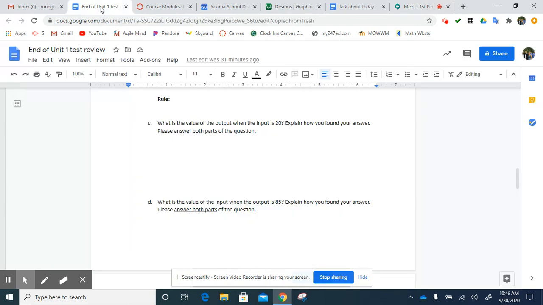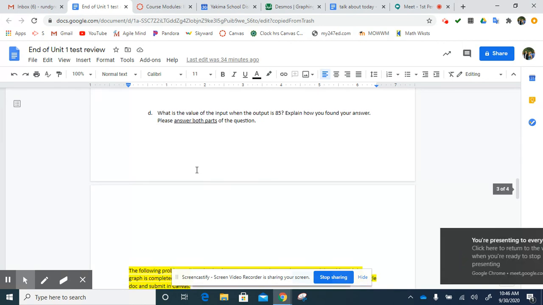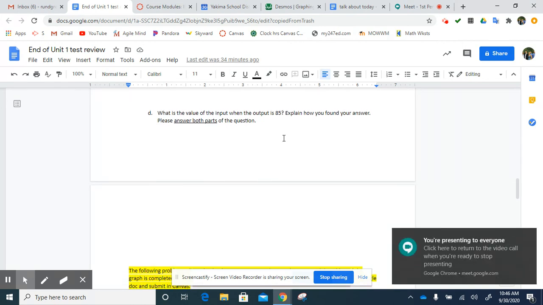Okay. And then D. What is the value of the input when the output is 85?